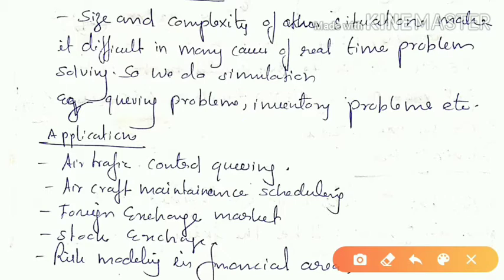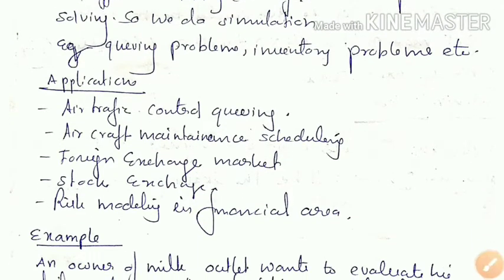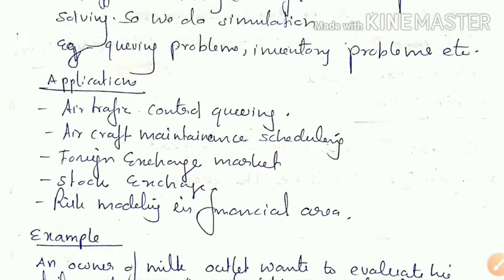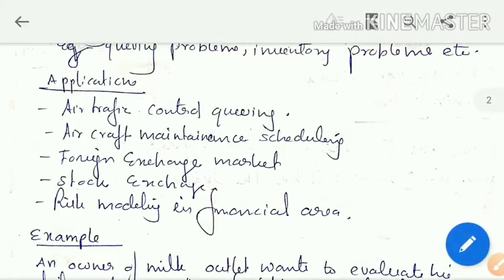For example, queuing problems, inventory problems, etc. And the applications are air traffic control queuing, aircraft maintenance scheduling, foreign exchange market, stock exchange, risk modeling in financial area. In all these situations, we cannot do real-time exercise, so we do simulation.